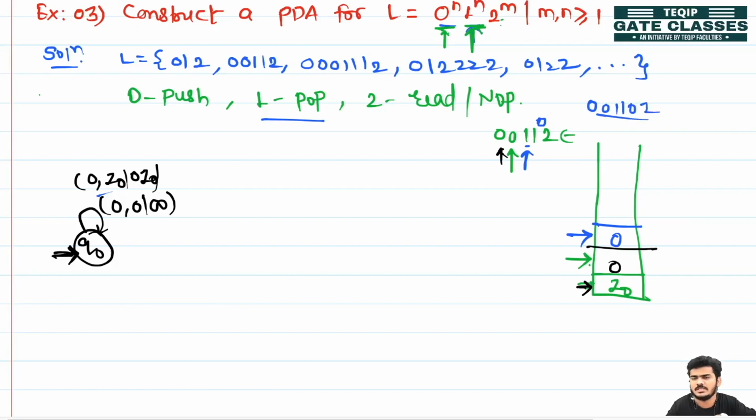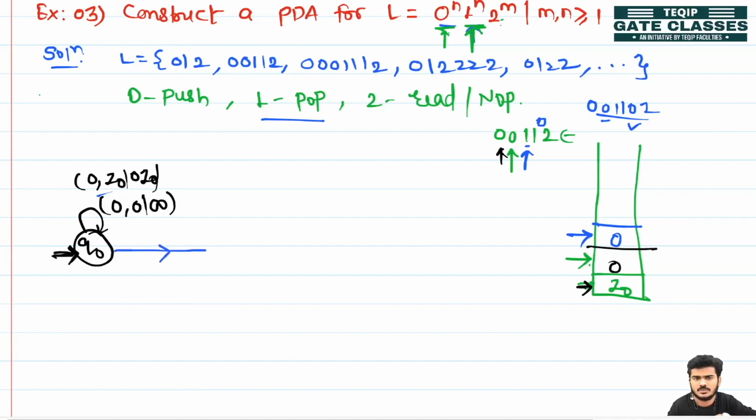If I do the popping operation in the same state, then this string will be accepted, and we don't want that. We want to accept only the strings which are present in the language, and reject all the strings which are not present in the language. So that's why I am going to change the state.